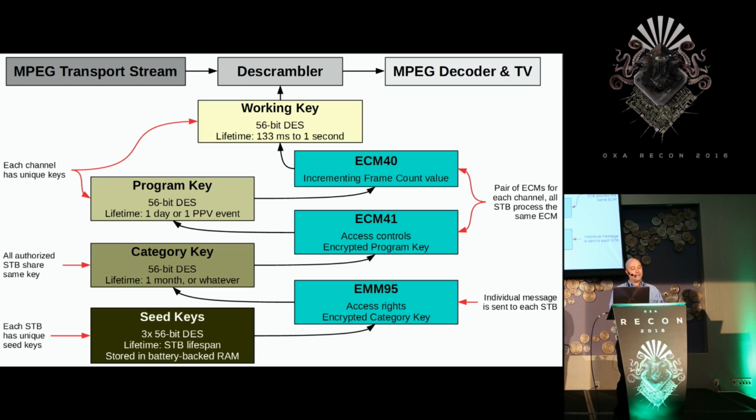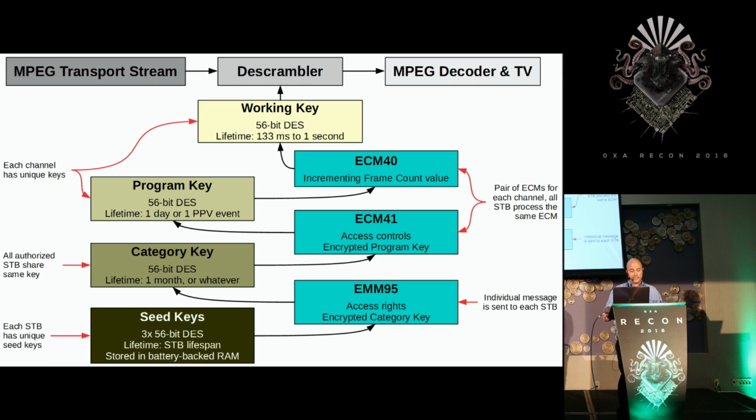And the working key is generated by encrypting the frame count value that's found in an ECM40 packet with the program key. The program key, another DES key, comes from the ECM41 message and is encrypted with the category key. The program key is unique to each channel and changes daily or for each pay-per-view event on a pay-per-view channel.